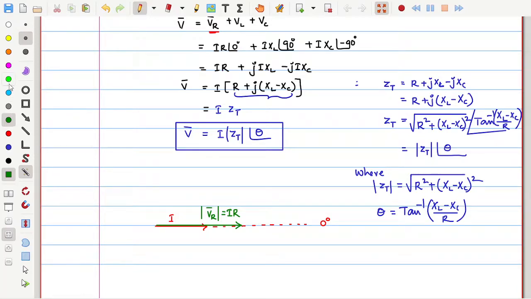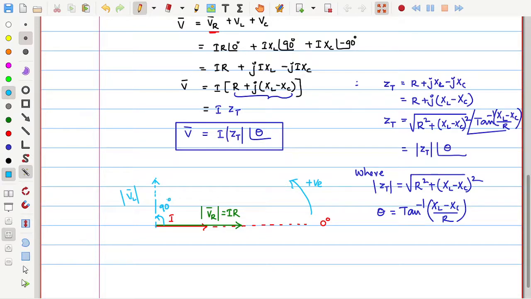Next is our inductor voltage. See that? How much is the inductor voltage angle? Plus 90. Plus 90 is in the anti-clockwise direction; anti-clockwise angles are referred to as positive angles. So here I will try to draw some VL magnitude whose angle is 90 degrees.